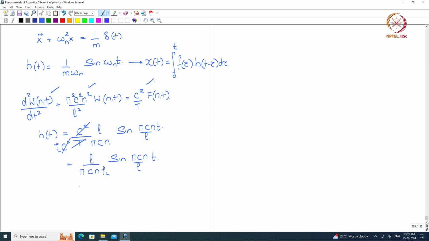Similarly here the response W of n comma t due to this forcing is equal to L by pi c n rho L integral 0 to t f of n comma tau sine of pi c n by L times t minus tau d tau.